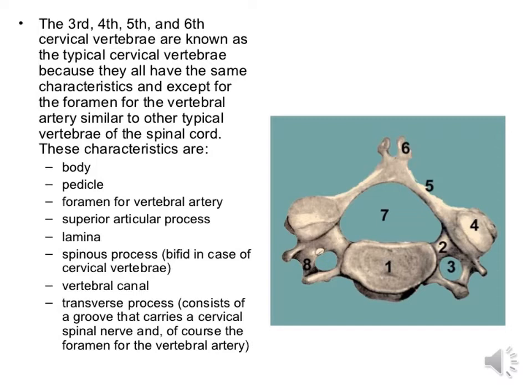The characteristic features, as you see in this figure: number 1, the body; number 2, the pedicle; number 3, the foramen for the vertebral artery; number 4, the superior articular process, and below it, the inferior articular process; number 5, the lamina; number 6, the spinous process, which is bifid in the case of cervical vertebrae; number 7, the vertebral canal; number 8, the transverse process, which consists of a groove that carries the cervical spinal nerve, and of course the foramen for the vertebral artery.